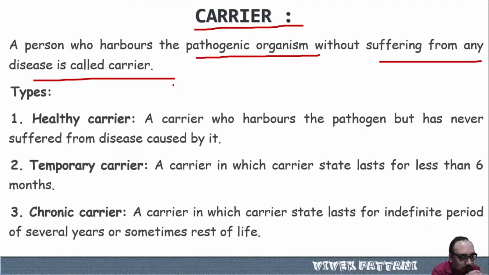Still, he may be able to transmit this pathogen to other persons as well. So a person who harbors pathogenic organisms without suffering from any disease is called a carrier.